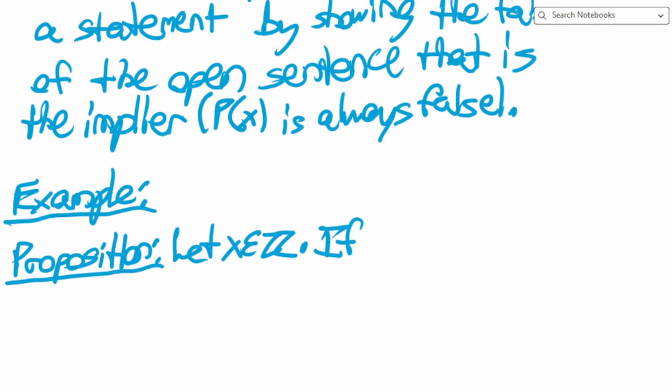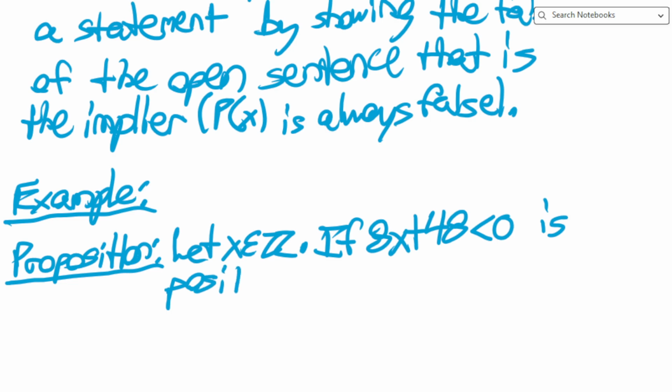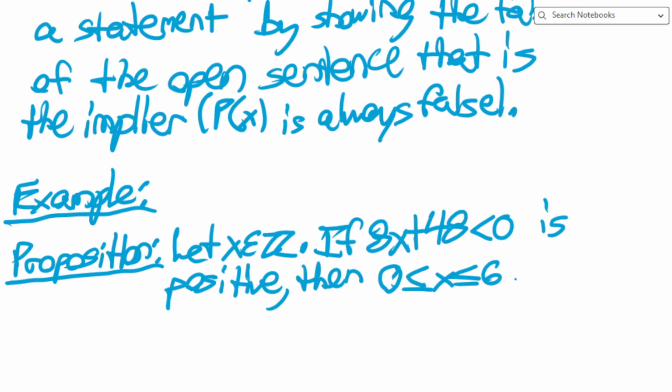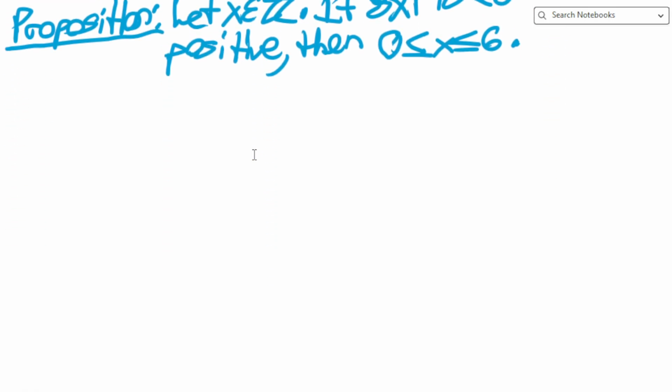If 8x plus 48 is less than 0 is positive, then 0 is less than or equal to x, which is less than or equal to 6.